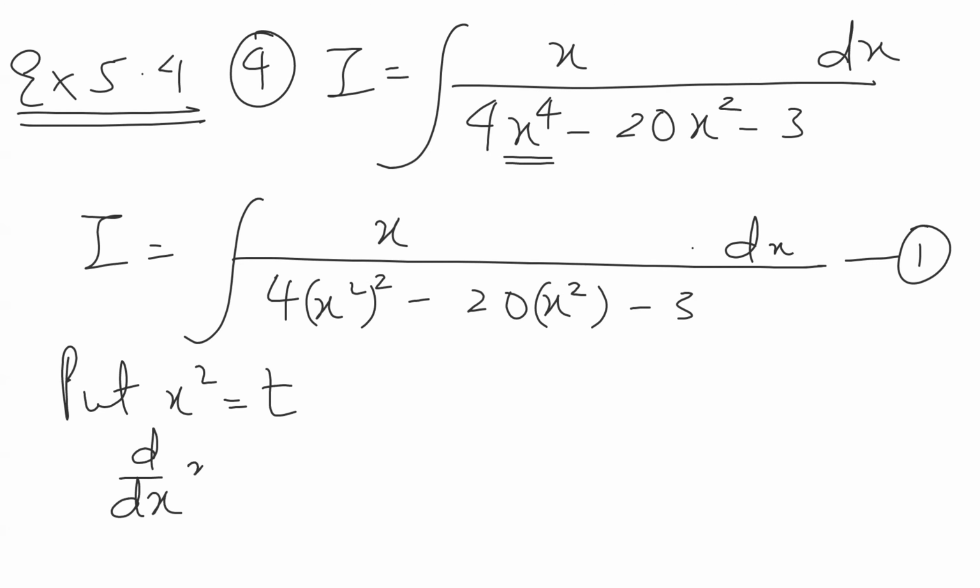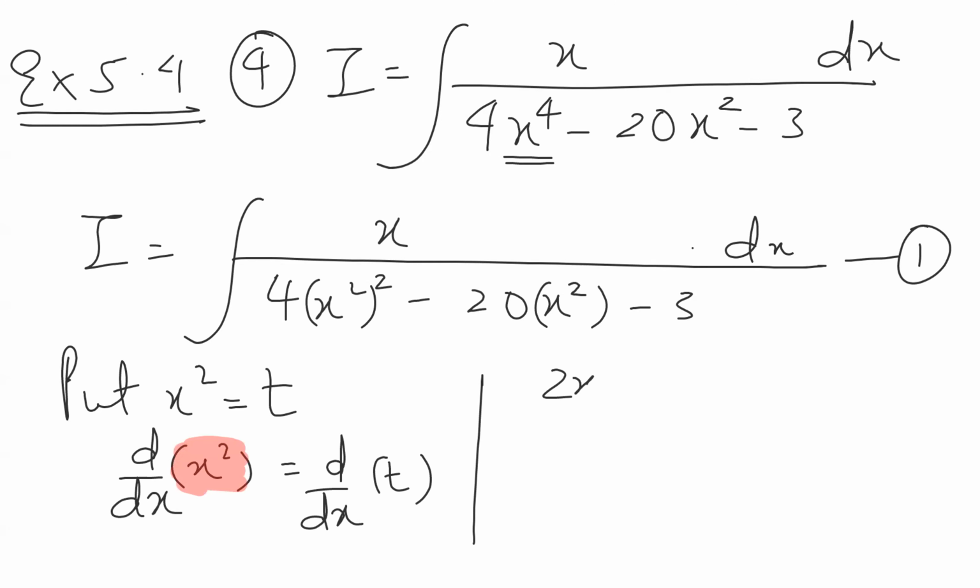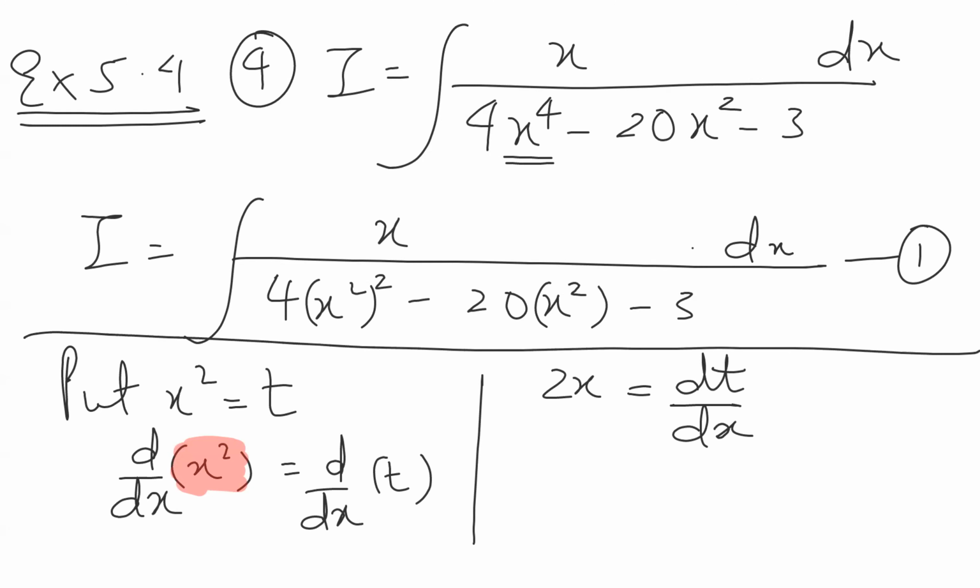Differentiating, d by dx of x square equals d by dx of t. What is d by dx of x square? 2x equals dt by dx. Right? Yes or no?